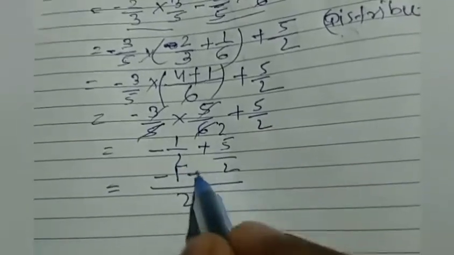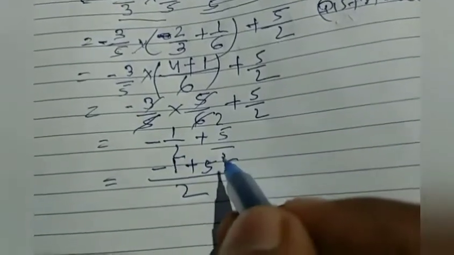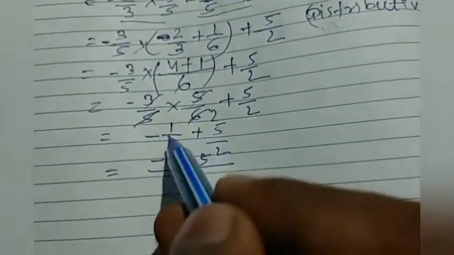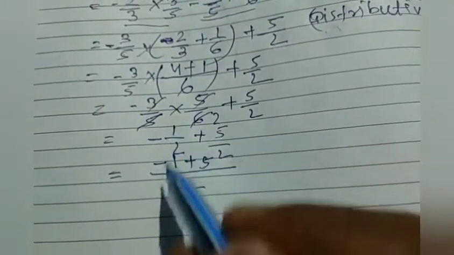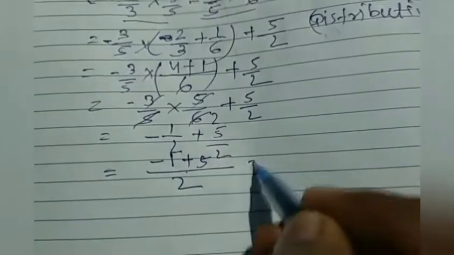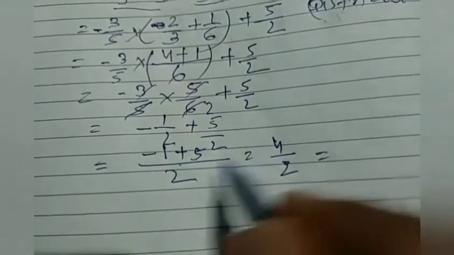Taking LCM 2, this is minus 1 plus 5, because these are rational numbers having the same denominator. We can just add or subtract the numerators according to their signs. We just replace the numerator: minus 1, this is plus 5, and the denominator is the same. These are known as like fractions. Minus 1 plus 5 equals 4 by 2, because these have different signs.